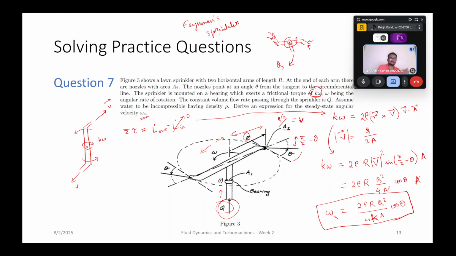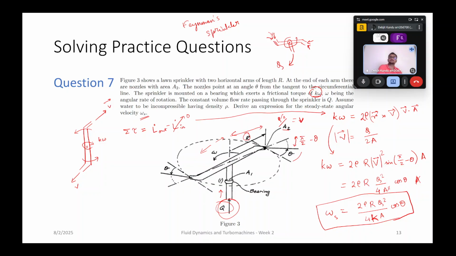But in reality, none of those are realizable. Actually, what happens is most of the energy is lost due to viscous dissipation, and the sprinkler barely rotates. So that's the Feynman sprinkler.